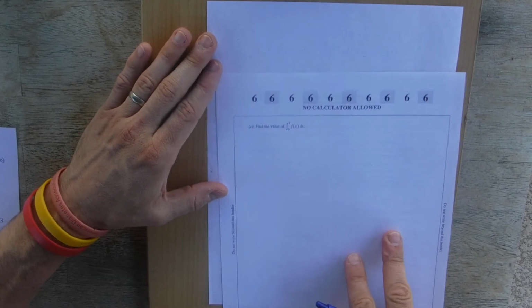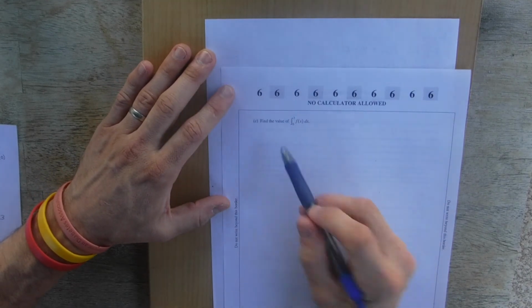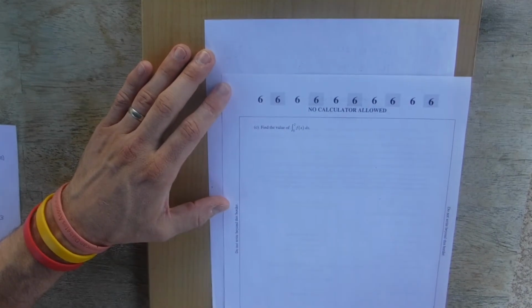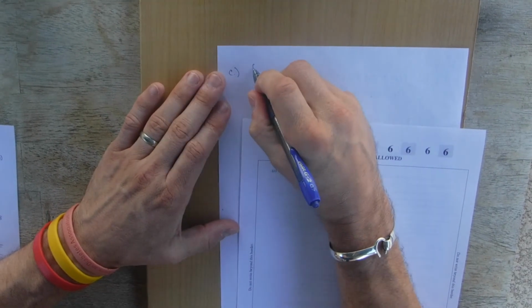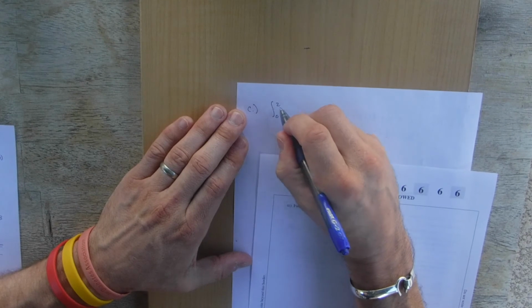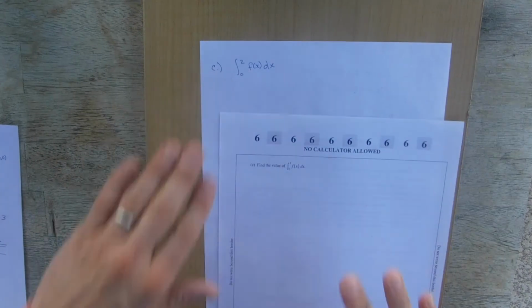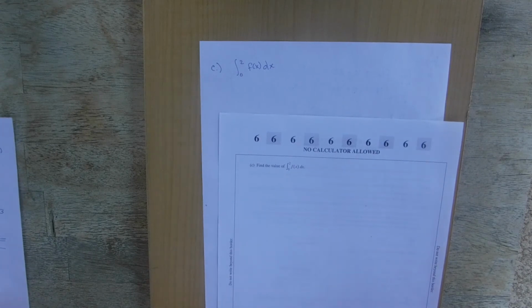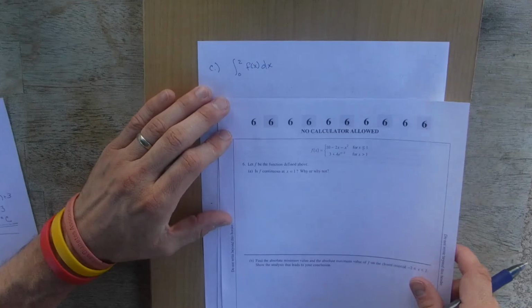Question C. Oh man, I was hoping for a hard problem. Okay, find the value of the integral from 0 to 2 of f of x. Alright, so what they're just kind of alluding to is what is the integral of this.